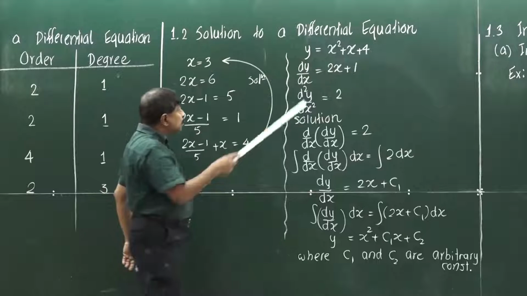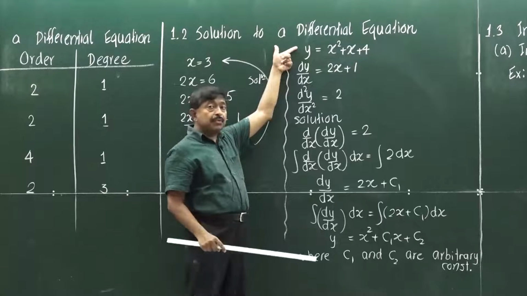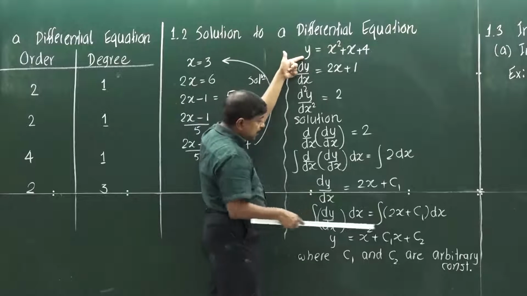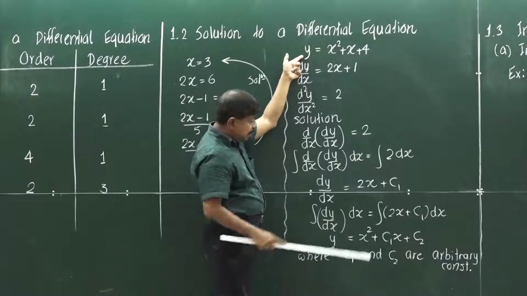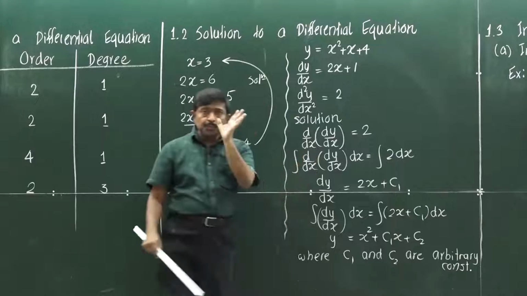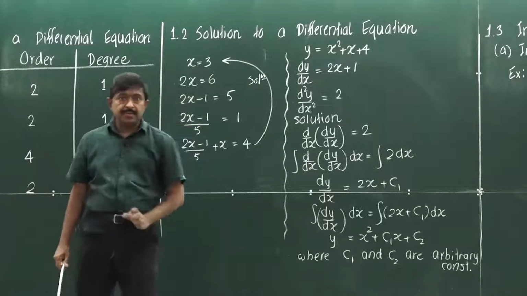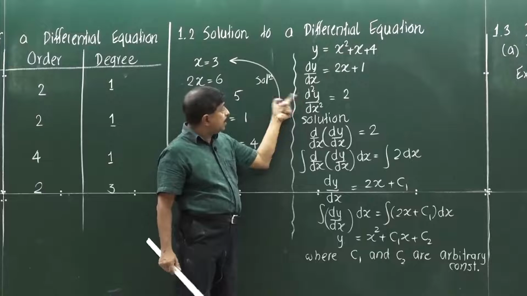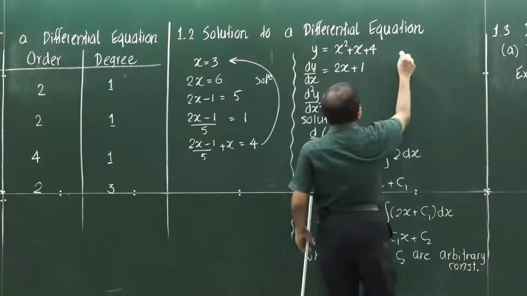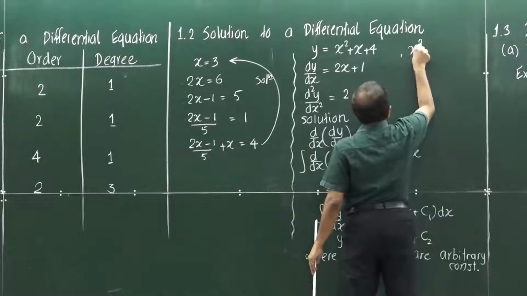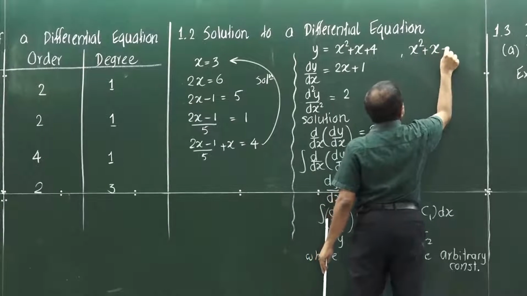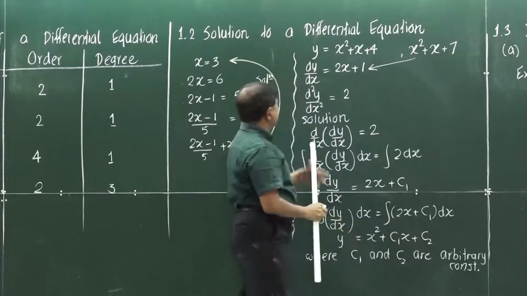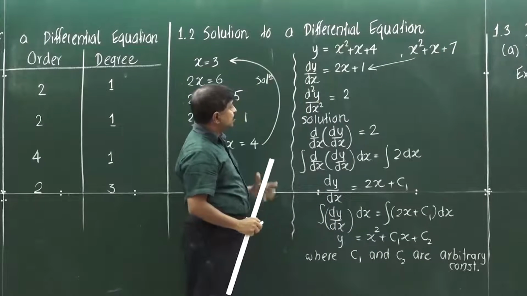Now, you might say, okay, this is a function that you have originated from. Now, you will end up with something similar, but not the same. Yes, because this will cover all possible original functions that will generate 2 as the second derivative. For example, if you start off with x squared plus x plus 7, you will still end up with this one, and the second derivative will be this, right.